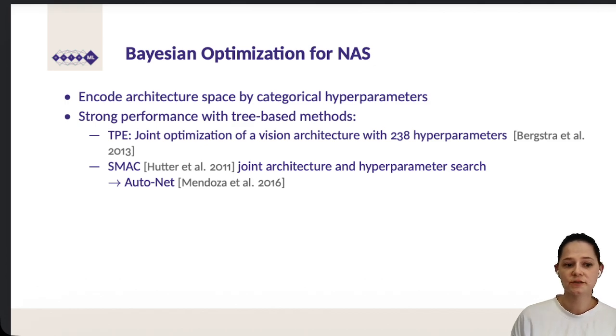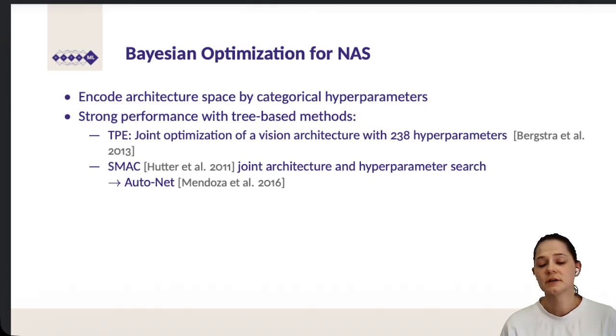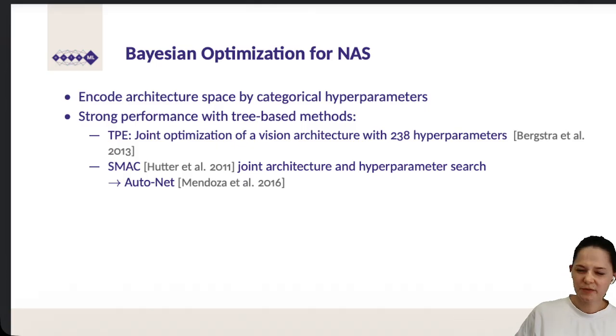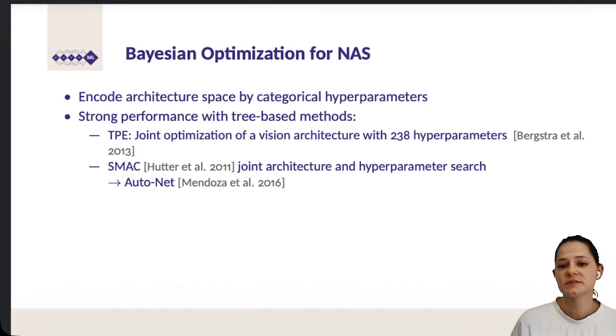Apart from that, in 2016, likewise using Bayesian optimization with a random forest in SMAC, jointly optimizing the architecture as well as the hyperparameters yielded new state-of-the-art results on the object recognition task of CIFAR-10, so image classification, without using any kind of data augmentation, which eventually led to a system called AutoNet. So we can see here already before 2016, with the big hype of deep learning, Bayesian optimization with tree-based methods on NAS was very competitive, improving over human-designed networks.